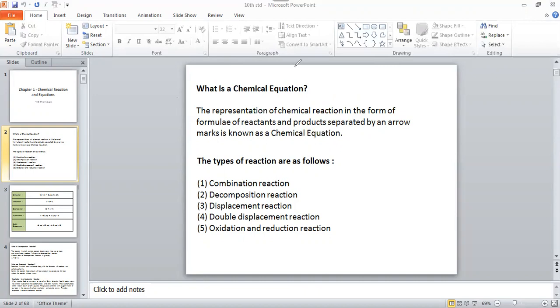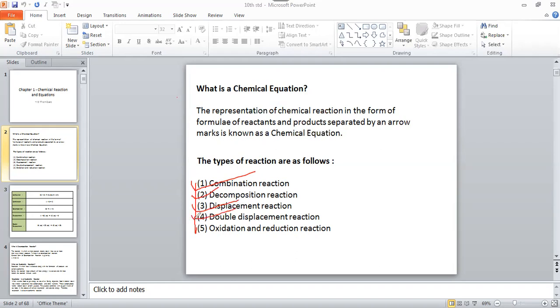Now, the types of chemical reactions. There are different types of chemical reactions. In this chapter, we will study these 5 types. First type is the combination reaction. Second is the decomposition reaction. Third is the displacement reaction.